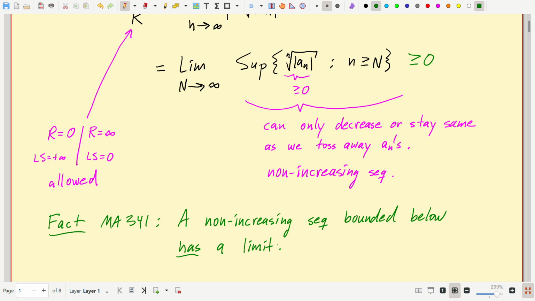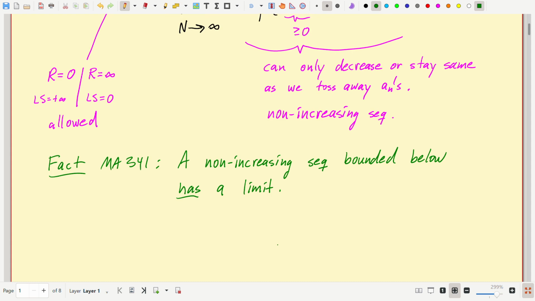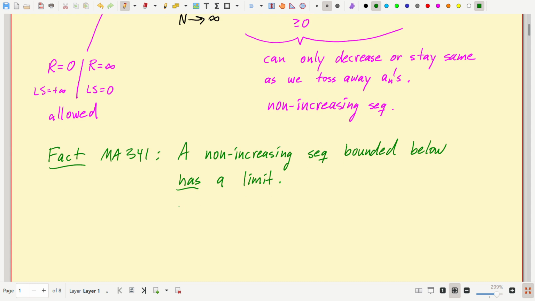If the lim sup is infinity, then that sequence is infinity, infinity, infinity, etc. Okay, so those are sort of easy facts. That means the lim sup exists no matter what.